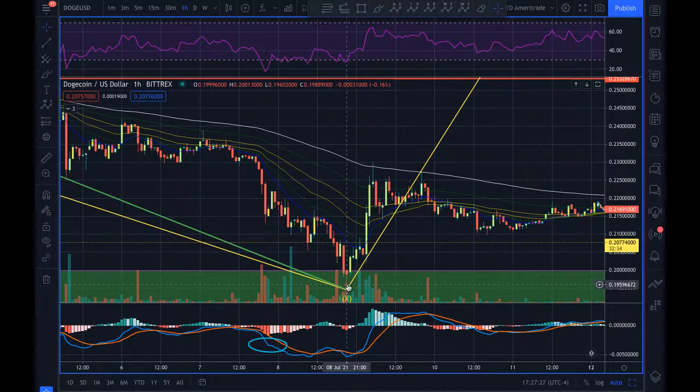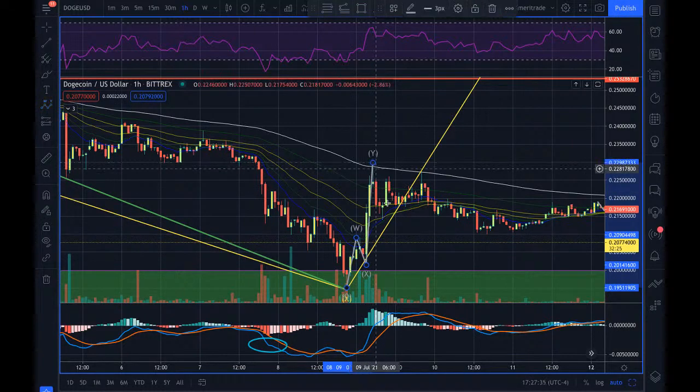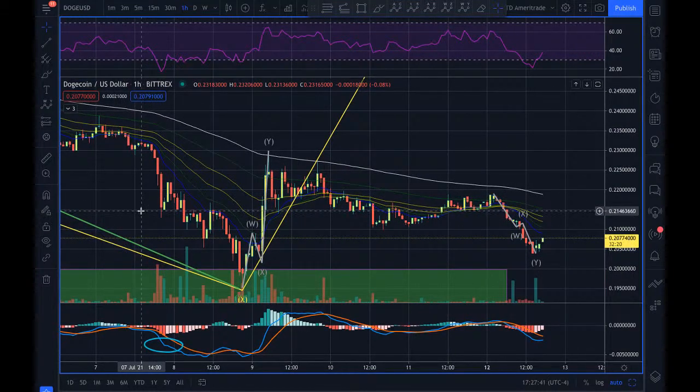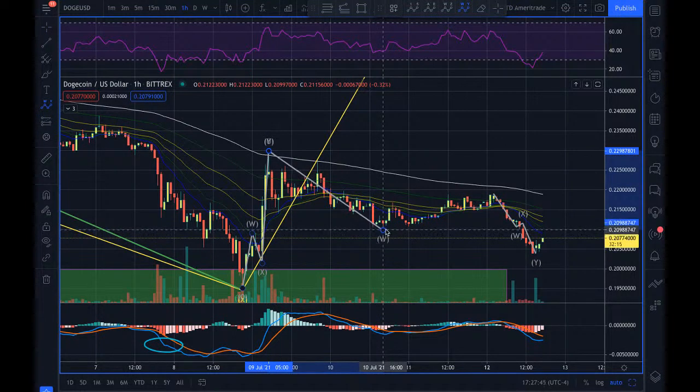Well, that happened already, obviously, and it's already back up. 3 waves here. And this to me just looks like another 3 waves.